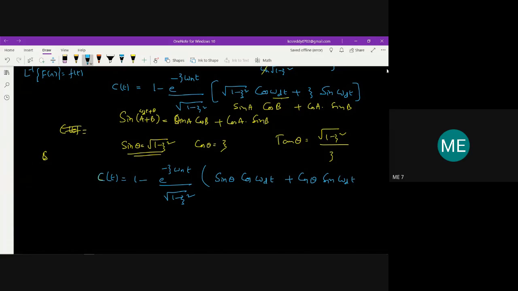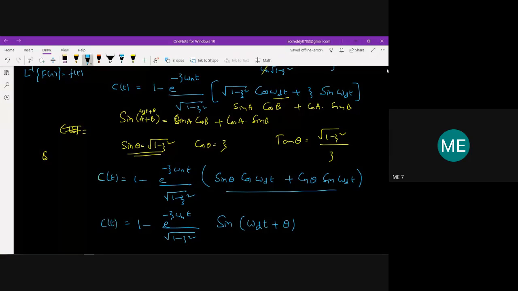So I'll write this in the form of sine a plus b: 1 minus e power minus zeta omega n into t divided by root of 1 minus zeta square, sine of omega d t plus theta.